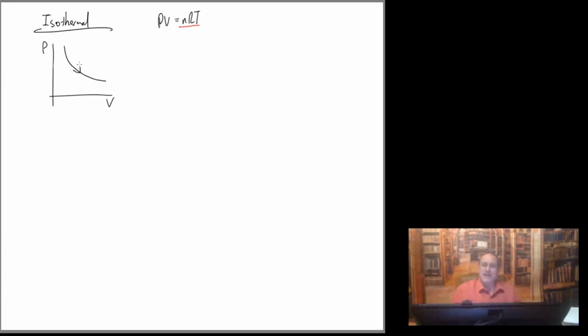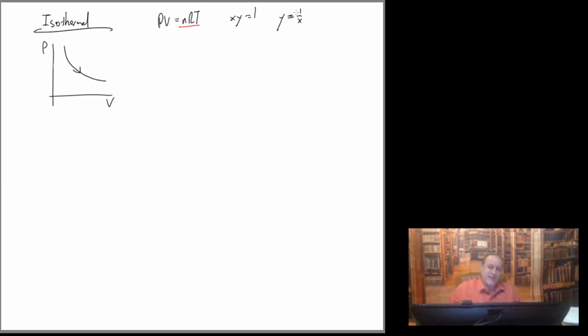It's like saying X times Y equals 1, which is the same as Y equals 1 over X. So it looks like a 1 over X kind of curve, except it's nRT over X, whatever nR and T are.